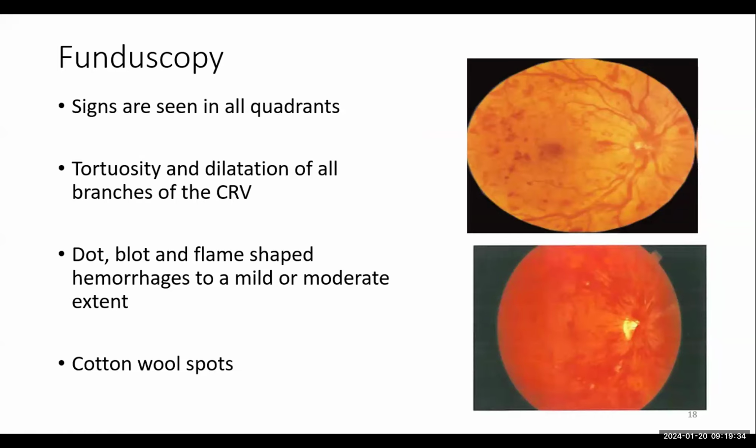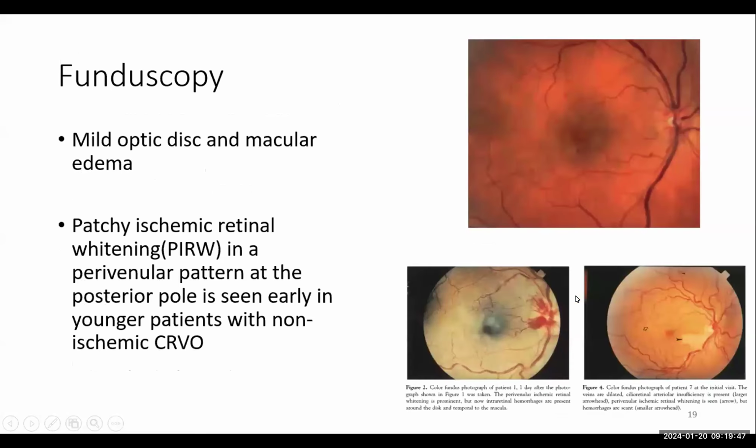You can see tortuous blood vessels, dot and blood hemorrhages, which are usually mild to moderate depending on the extent of the condition. You can also see cotton wool spots. Then on the optic nerve, you can see mild optic disc and macular edema.